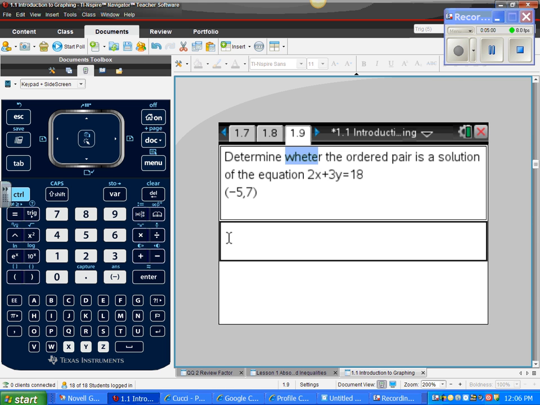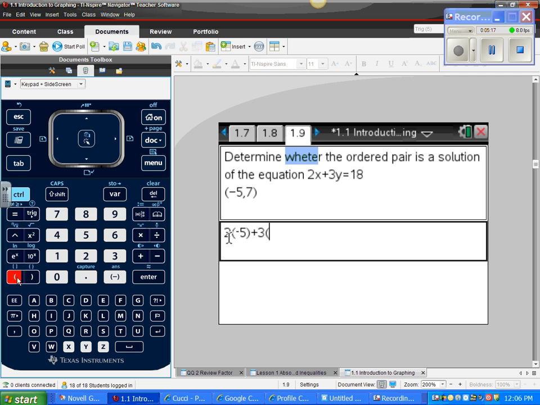Okay, so in order to determine if the ordered pair is a solution, what we're going to do is use substitution. So x is -5 and y is 7, so we're going to plug that in. 2 times -5 plus 3 times 7 equals 18.